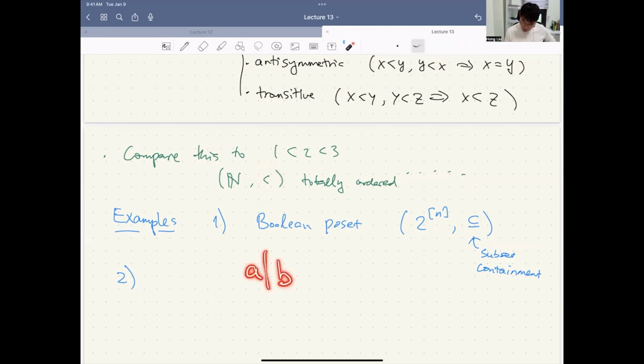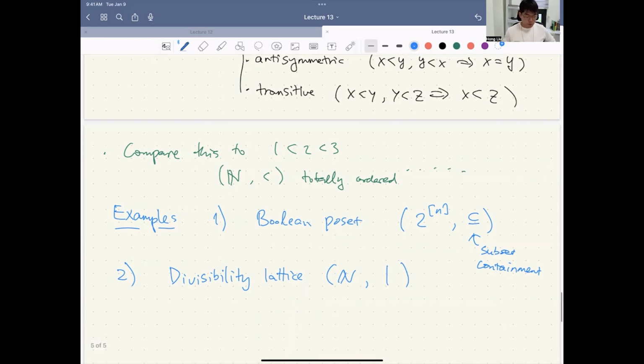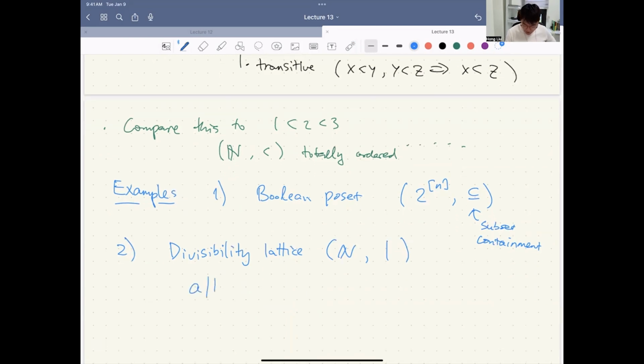If A divides B, we say A is less than B. This is sometimes called the divisibility lattice. Natural numbers N, and you have a binary relation, which is division. In other words, if A divides B, then A is less than B.